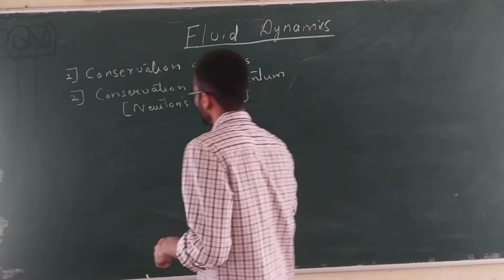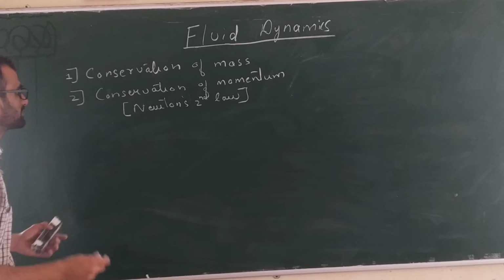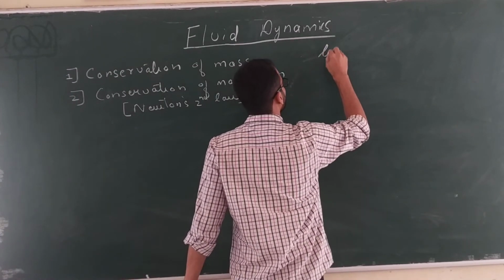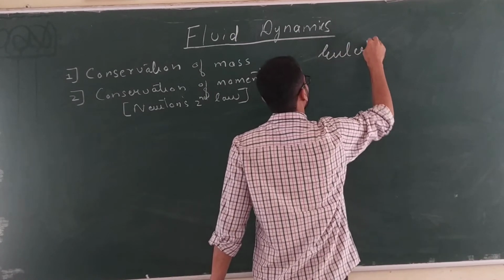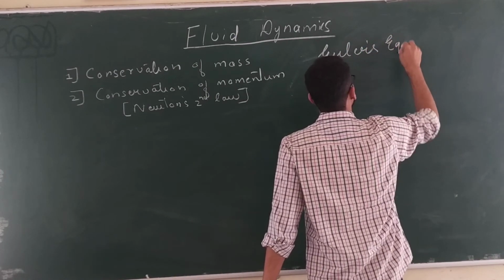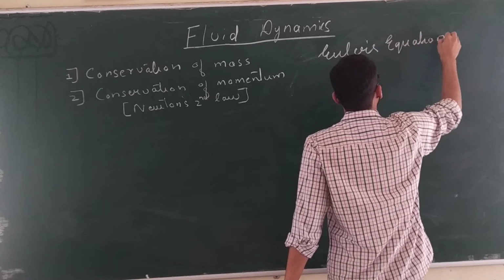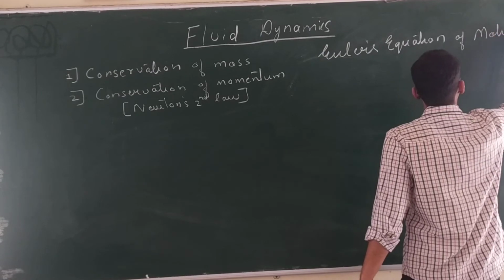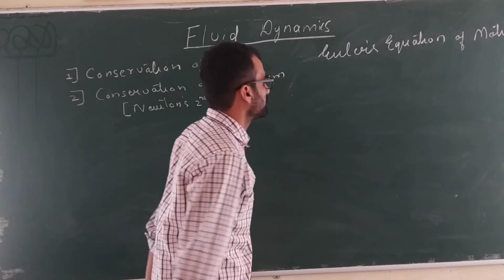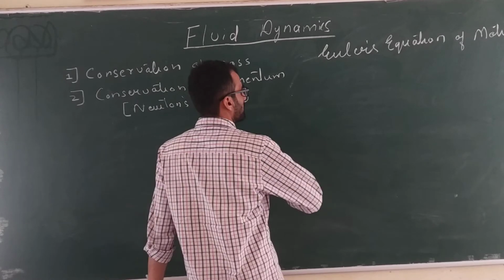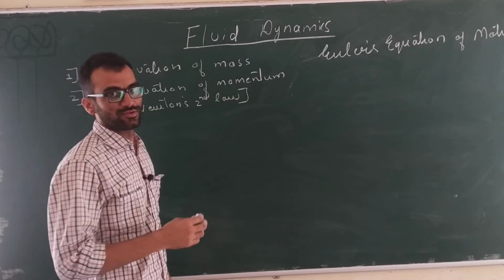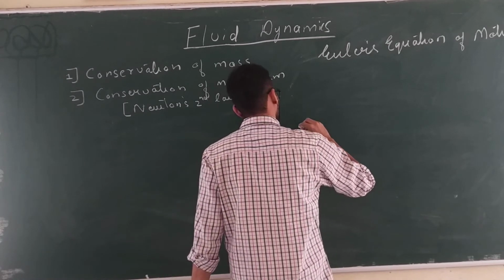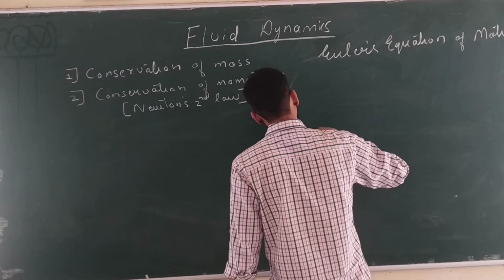Now after knowing the state of stress and the types of forces, we will go for the first equation of motion, that is Euler's equation of motion. To derive Euler's equation of motion, we will consider a steady flow and some streamline.